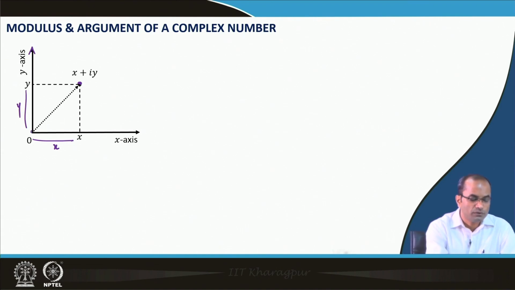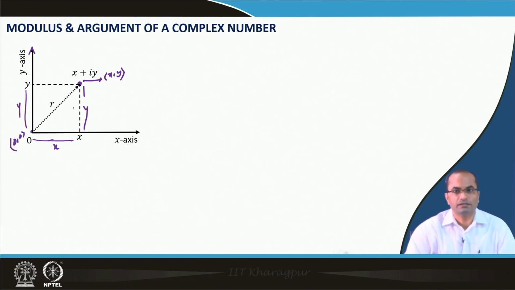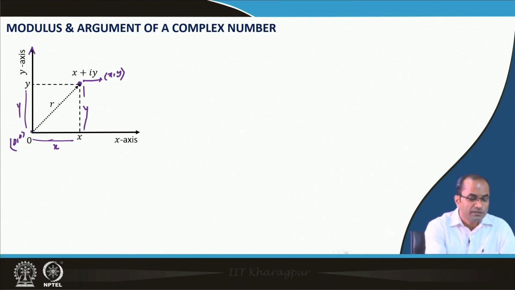The distance from the origin to this point will be denoted by this number r, which is, since this is x and this is y, the distance from 0, 0 to x comma y, the square root of x square plus y square. So, here this r, the distance from the origin, is important, and then this theta.